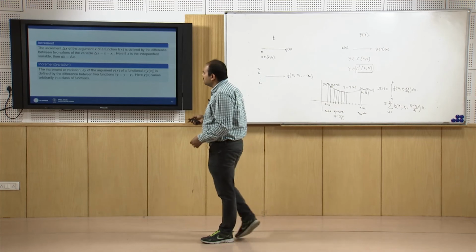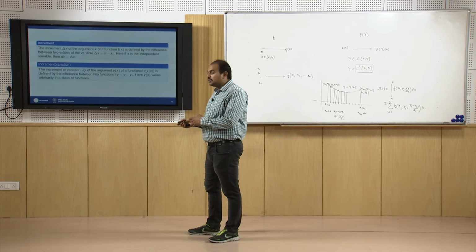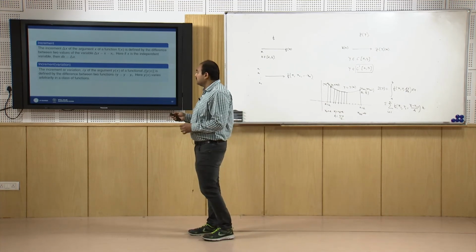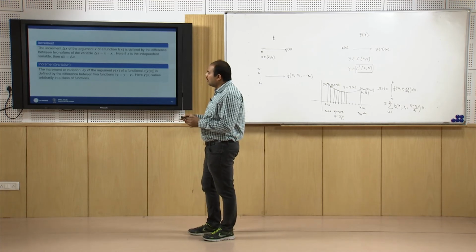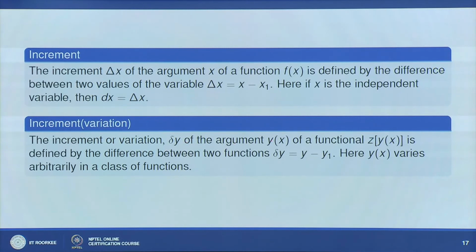So similarly we can define the analogous version of increment in calculus of variation. Please remember here the argument of the functional is a function itself. So here we can say that the increment, or it is known as a variation, delta y of the argument y of x of a function z of y of x is defined by the difference between two functions y and y1, and here y of x varies arbitrarily in a class of functions on which this functional is defined.